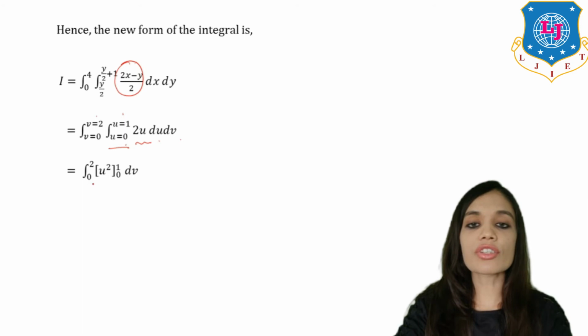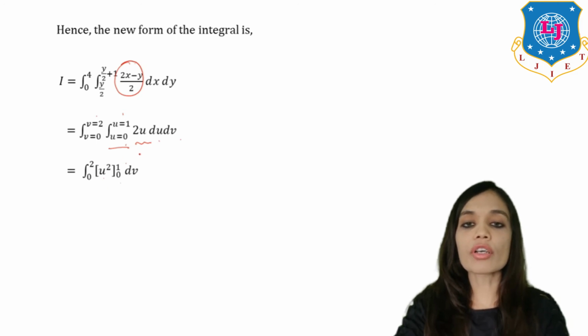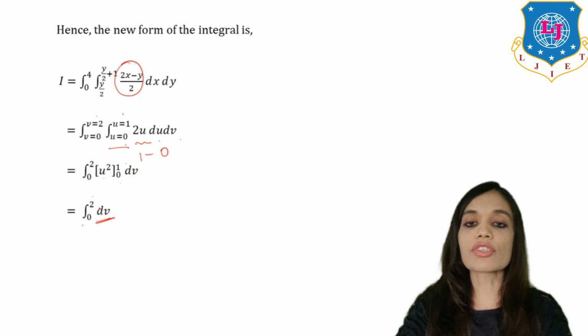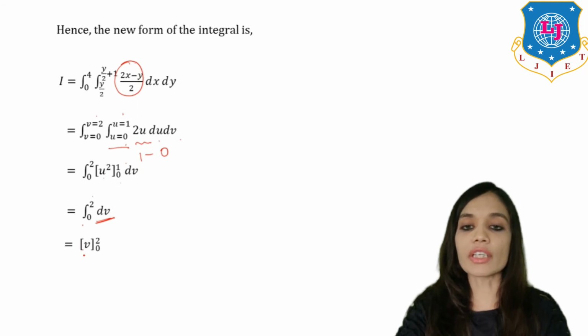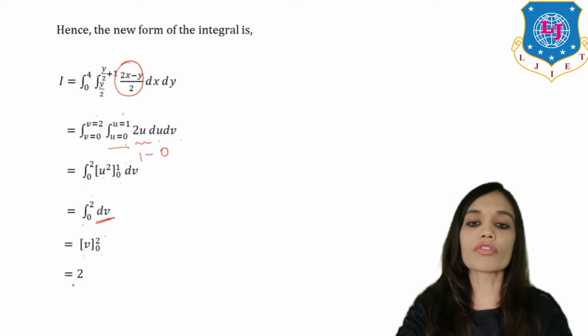So the integration will be u square and the limits are 0 to 1, right? Now put the limits first, so you will get 1 minus 0, right? So what will remain is dv, and the limits are from 0 to 2. So just do the integration of this, so you will get v, right? And the limits are 0 to 2. Now on putting the limits, you will get the answer of the integration as 2.